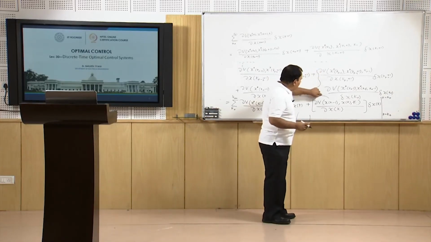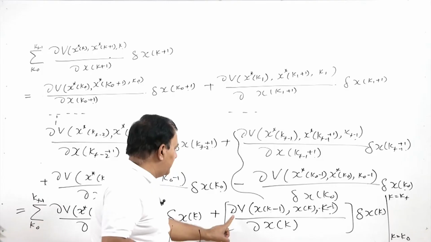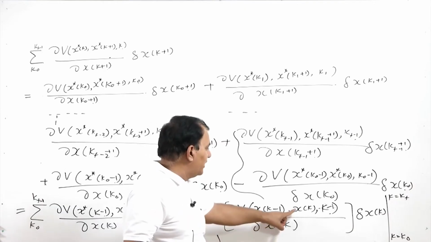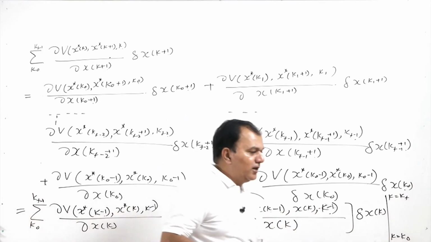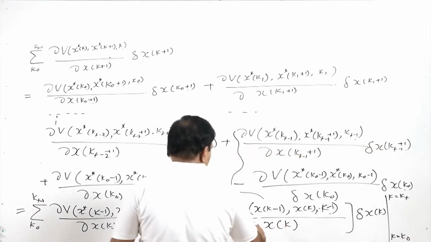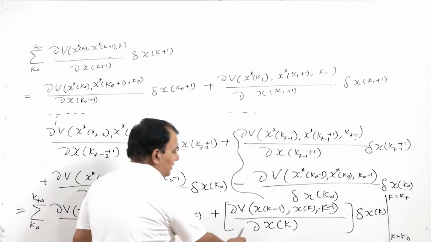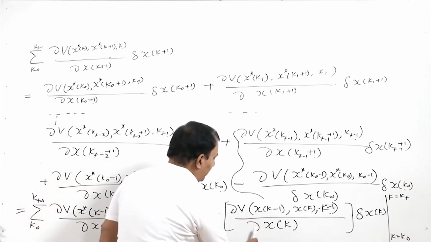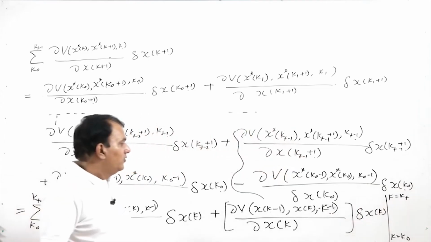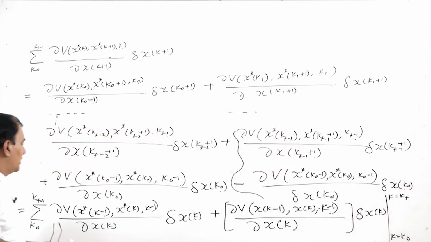So, these two combined terms can be written as del v by del x of k minus 1, x of k, so del v by del x of k at the instant k0 to kf minus 1.